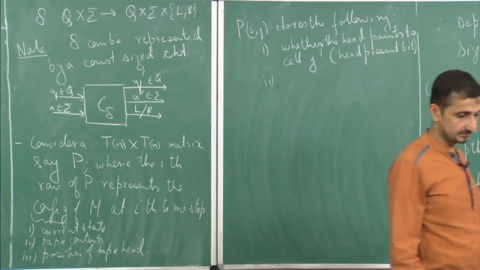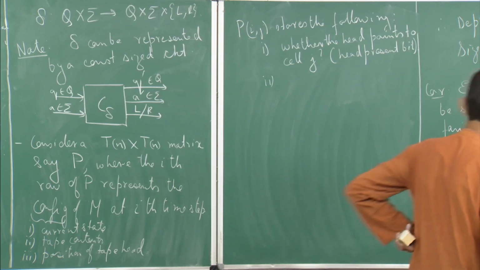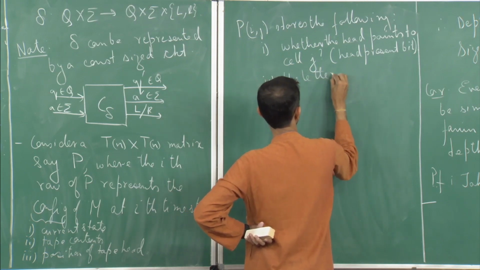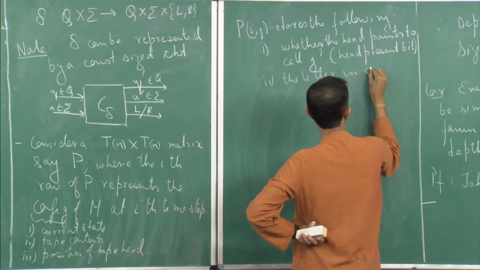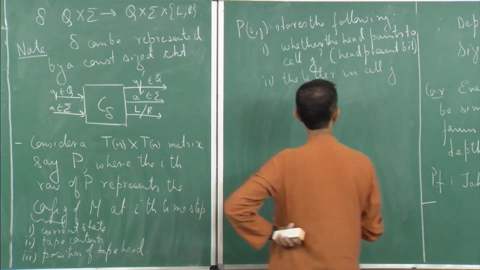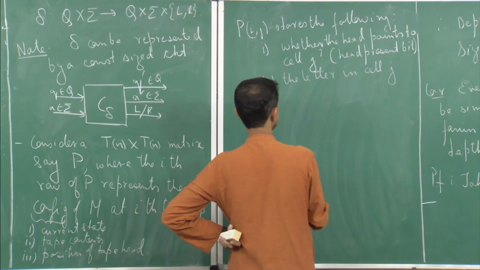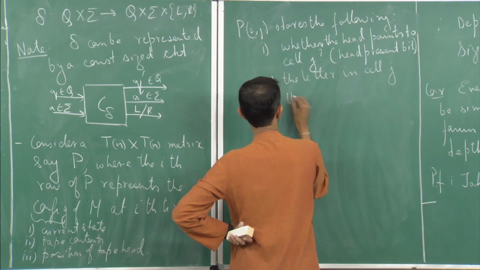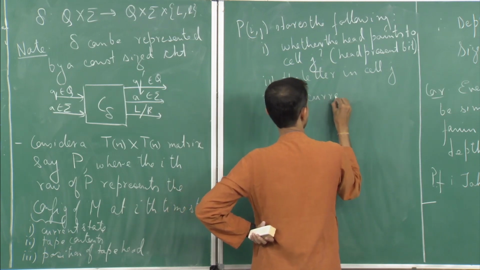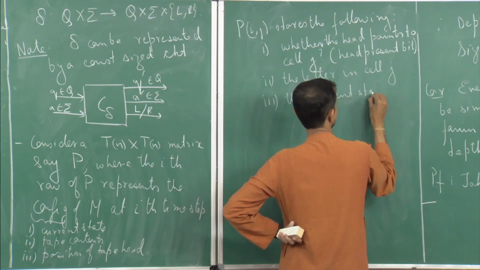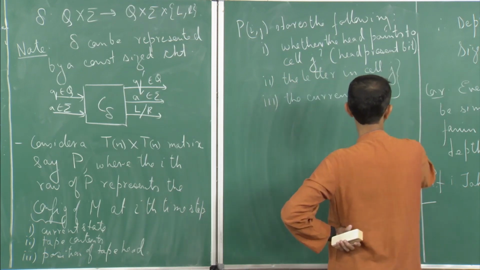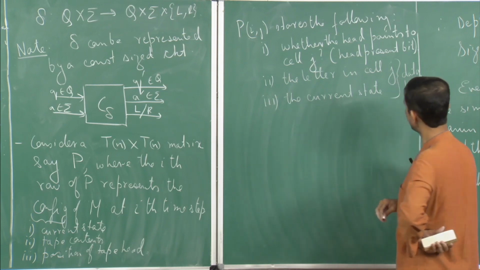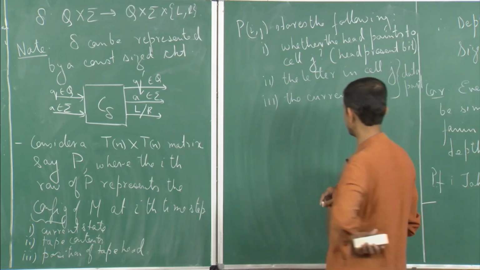This is a single bit which stores this. Second is the letter in cell J, and the third is the current state. So, these two together will be the data part, and this is the head present bit.